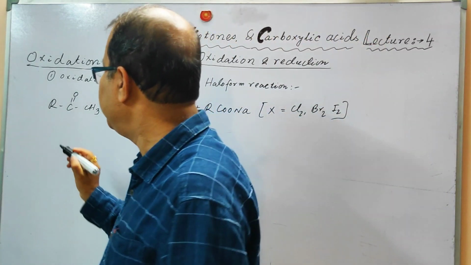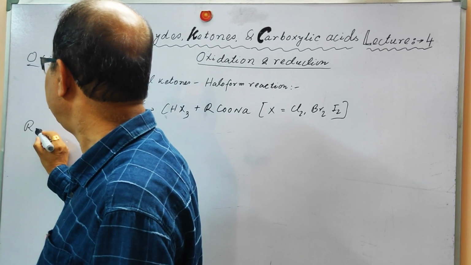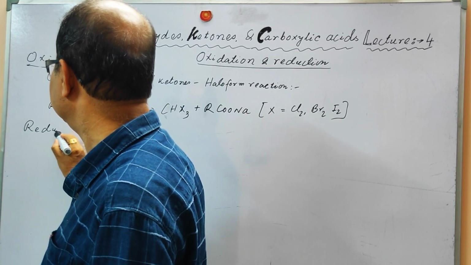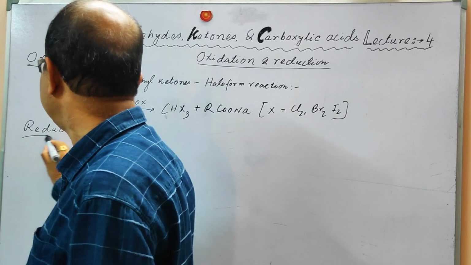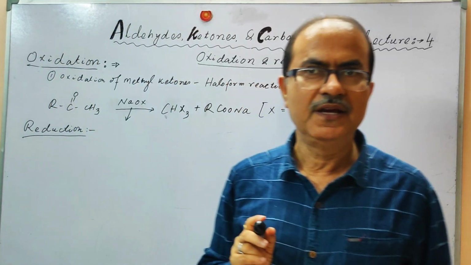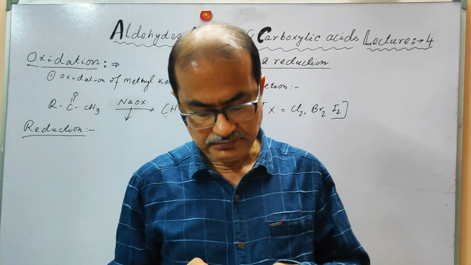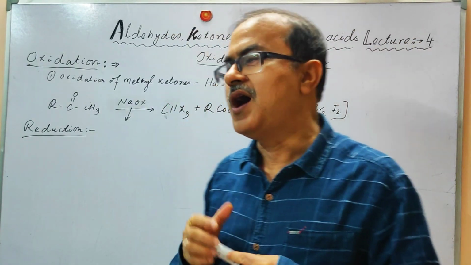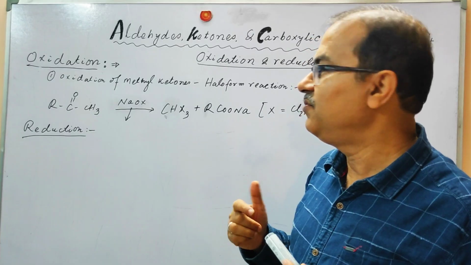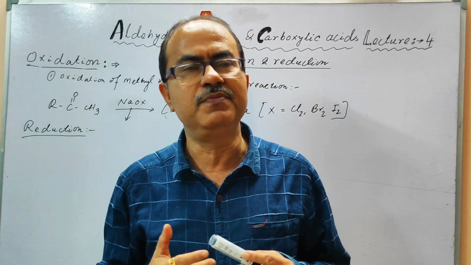Okay. Now we are going to discuss the second part of this lecture, that is reduction. Reduction is very important because when there is oxidation, naturally there will be reduction. So how will this reduction reaction happen?